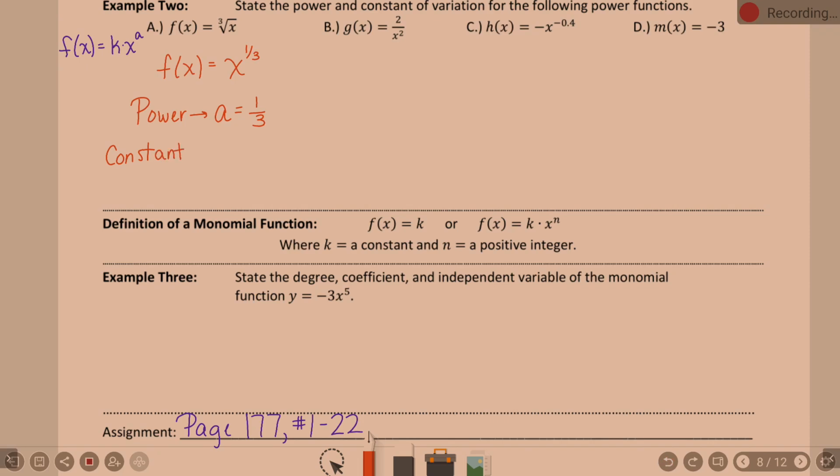Constant of variation. And with a constant of variation, what do you think the constant of variation is here? In other words, what's in the position of k?